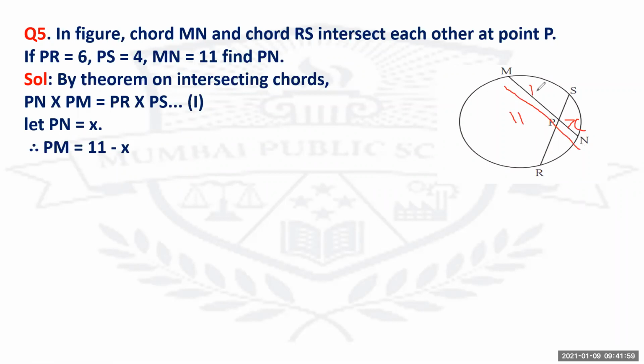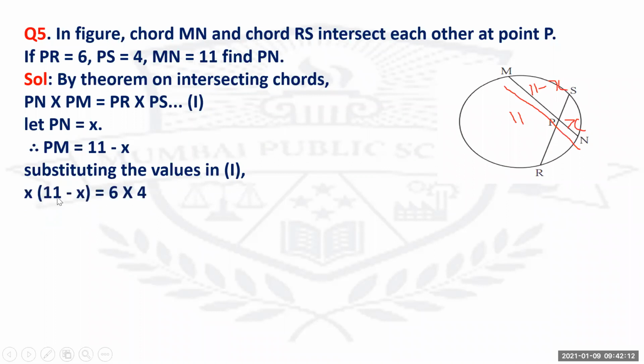So substituting the values in statement 1, x into 11 minus x equals 6 into 4. So 6 into 4 is 24. So plus 24, when it comes to the other side, becomes minus 24. x into 11, that is 11x minus x square minus 24 equals 0.